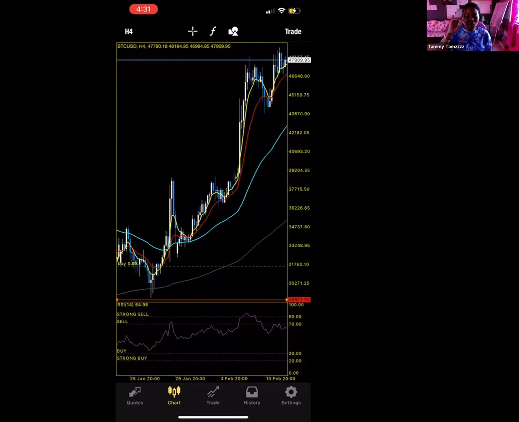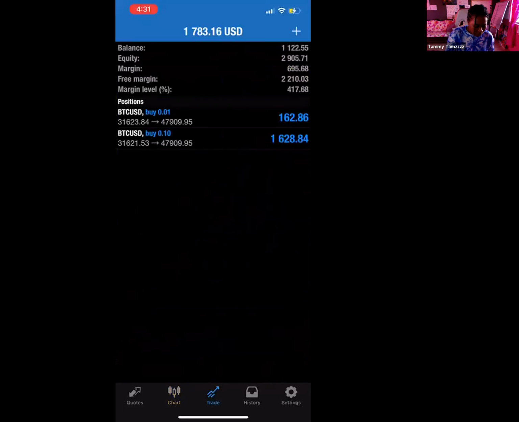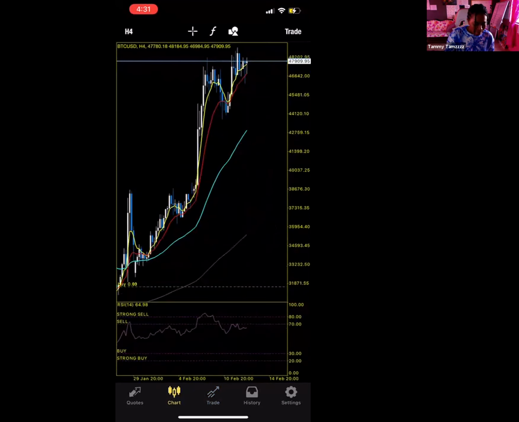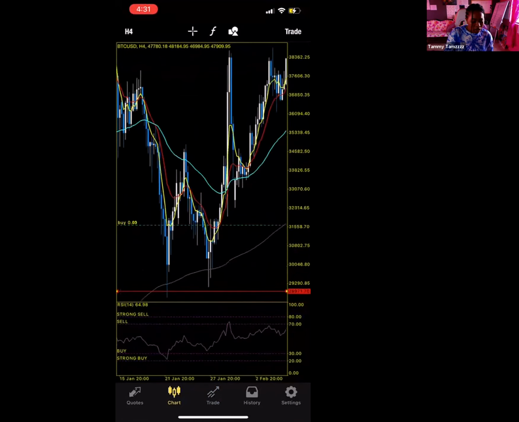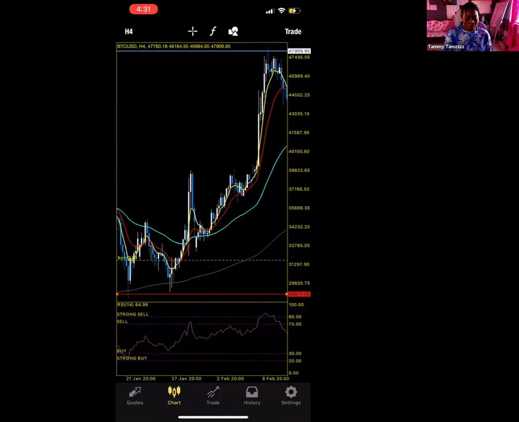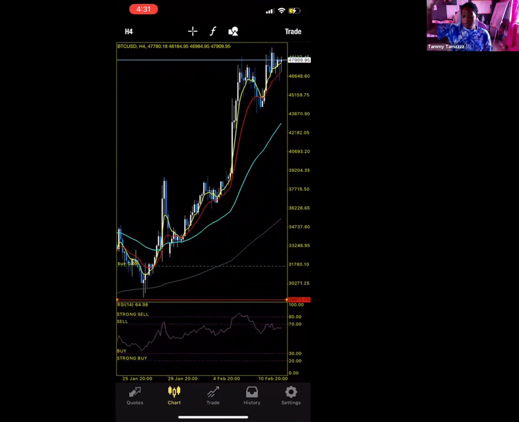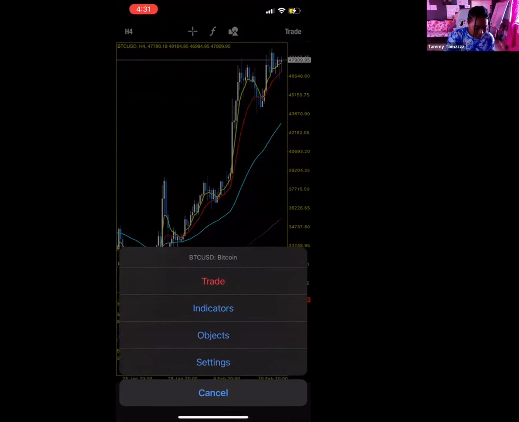So when you're wondering where should I put my stop loss, right? When you're wondering where to put your stop loss, when price makes a new high and then it creates a higher low and continues up into a higher high, then I can move my stop loss to this lower high right here.